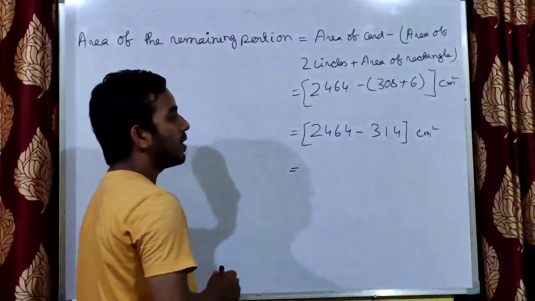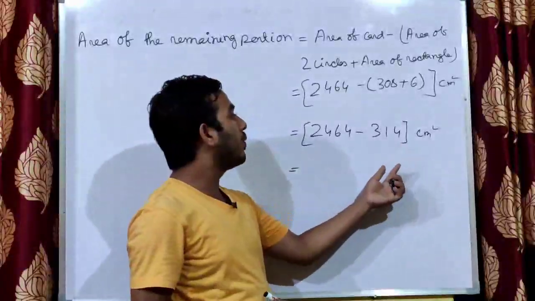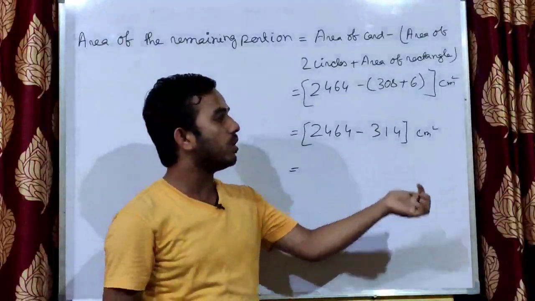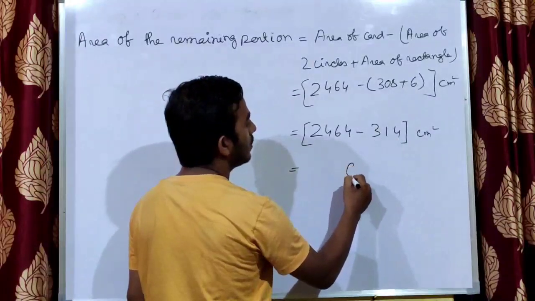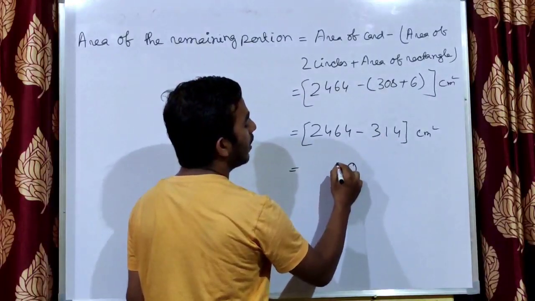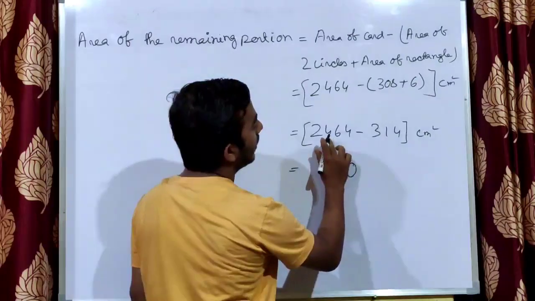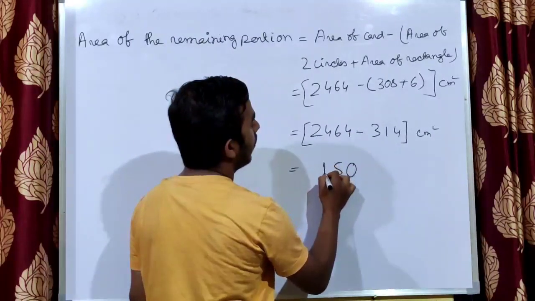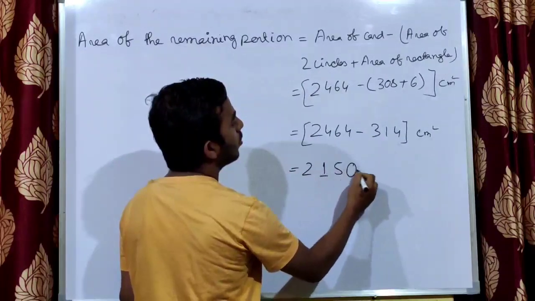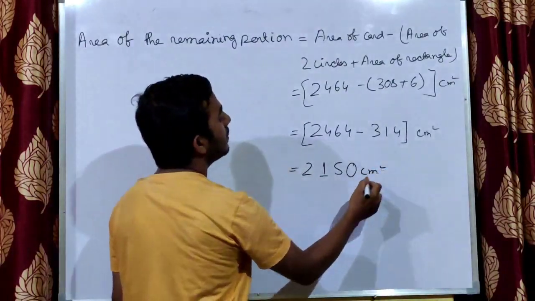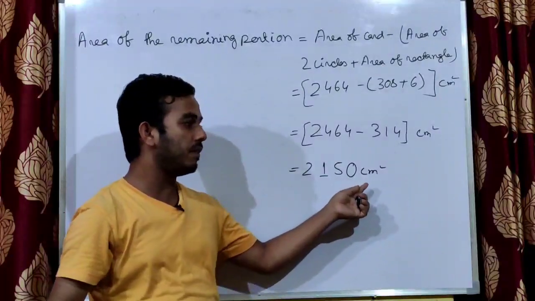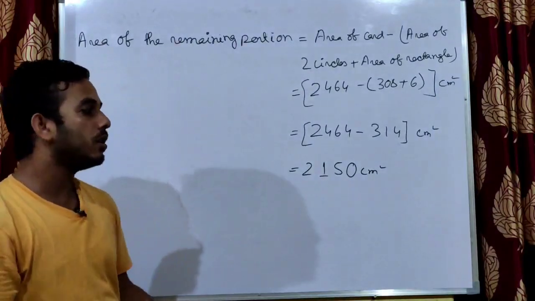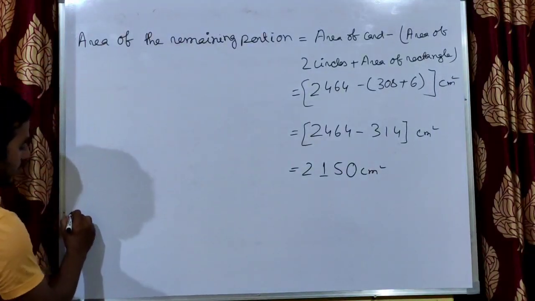So now if we subtract 314 from 2464, the result will be how much? Look here, 4 minus 4, 0, 6 minus 1, 5, then 4 minus 3, 1, then 2. That is, the area of the remaining portion is 2150 centimeter square.